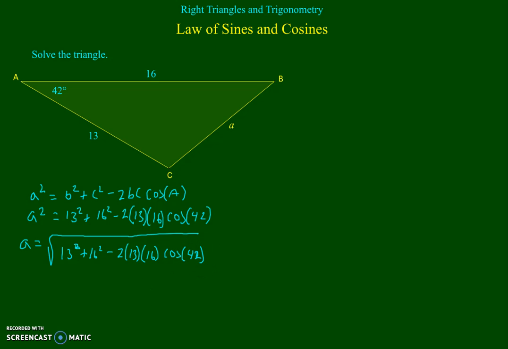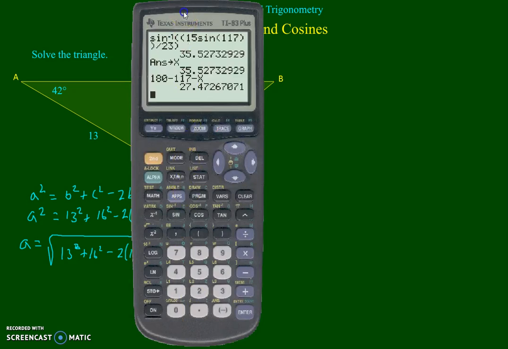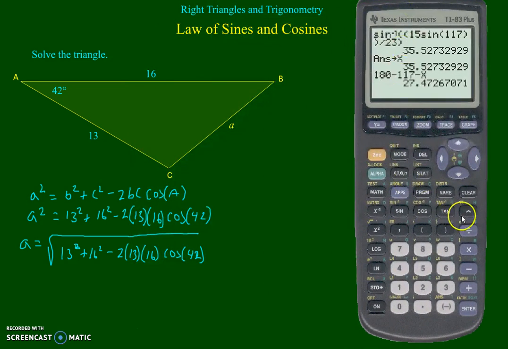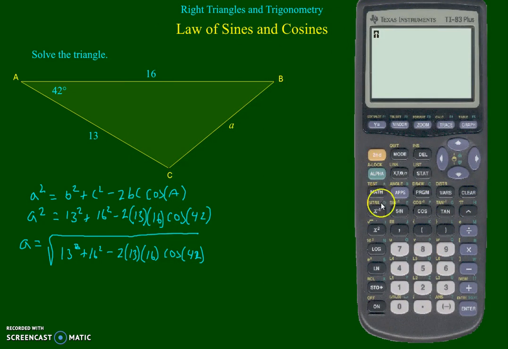And we put that in our calculator. We have the square root of 13 squared plus 16 squared minus 2 times 13 times 16 cosine 42, and our result is 10.76.